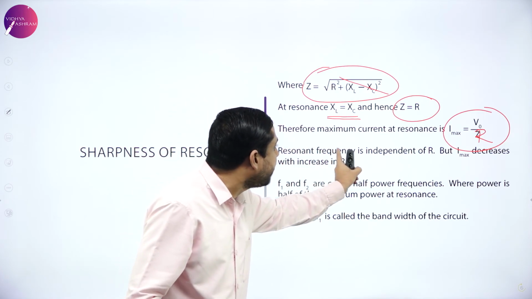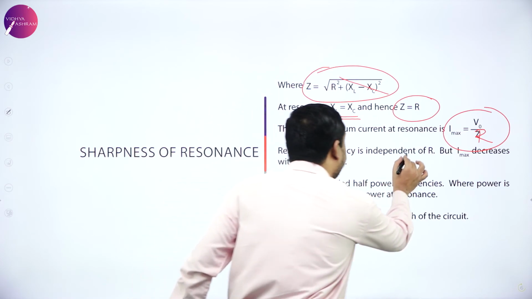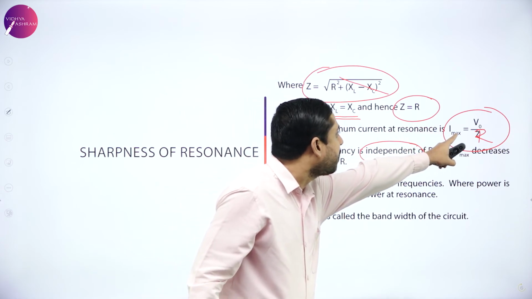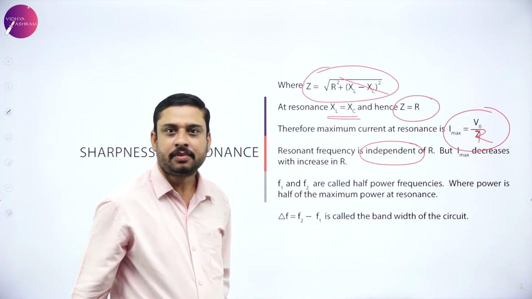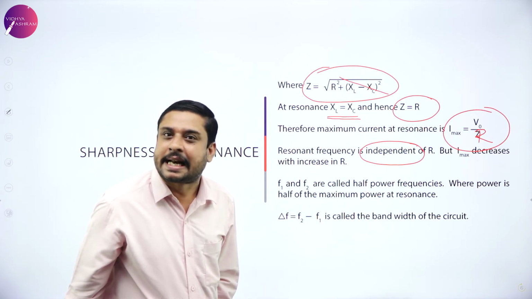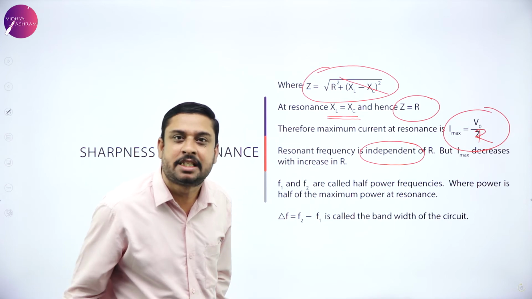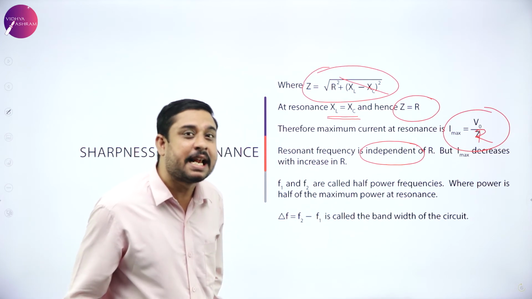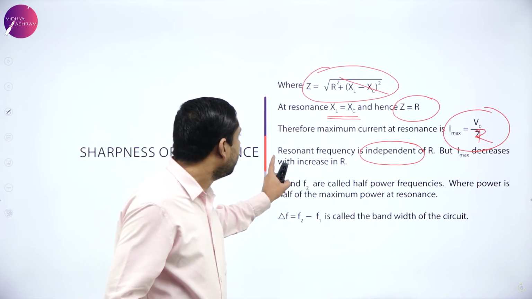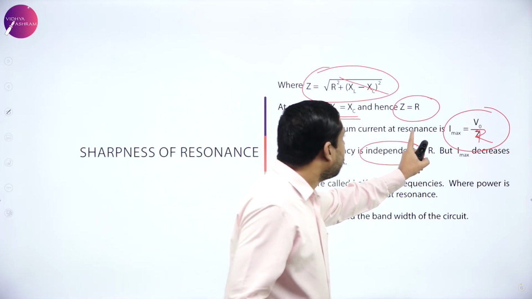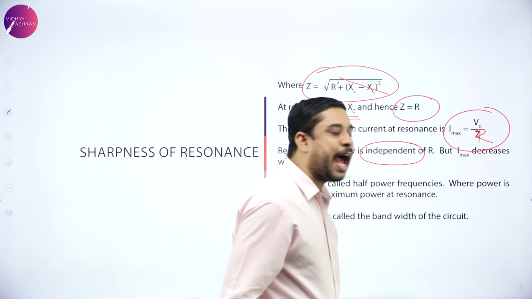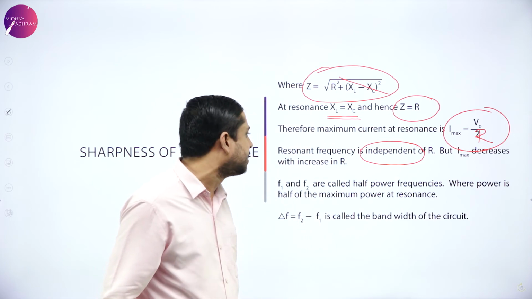This is the game now. Our resonant frequency may be independent of R, but maximum current depends on R. In the expression for resonant frequency, resistance never came into the picture, but wherever there is resonance, current depends upon resistance, which means as R increases, the value of current decreases.